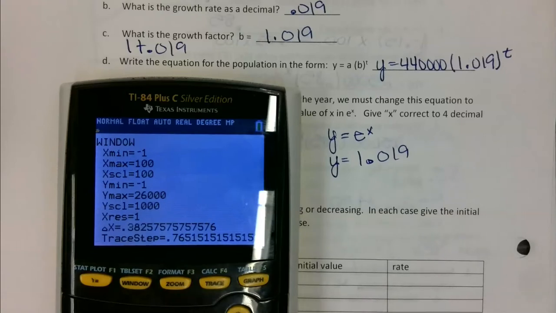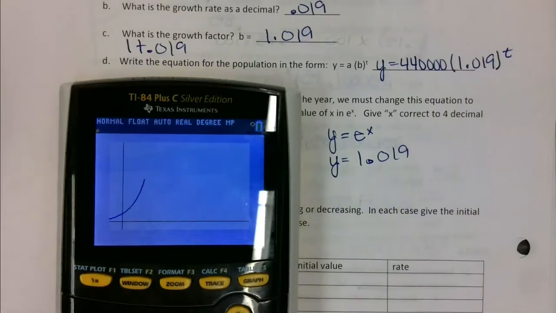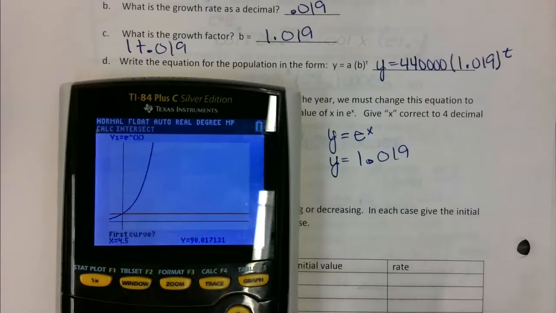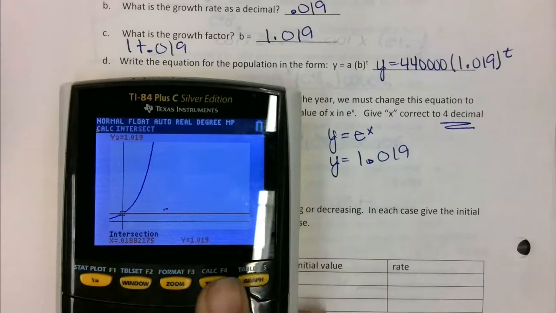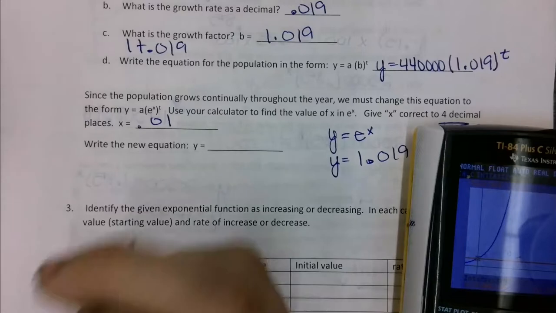I'm going to make my x max 10, my y max 10. Then I want to figure out where the red and blue lines are crossing. So I go second, trace, choice 5 for intersect, enter, enter, enter, and it wants me to give it to 4 decimal places. So I'm going to have 0.0188.